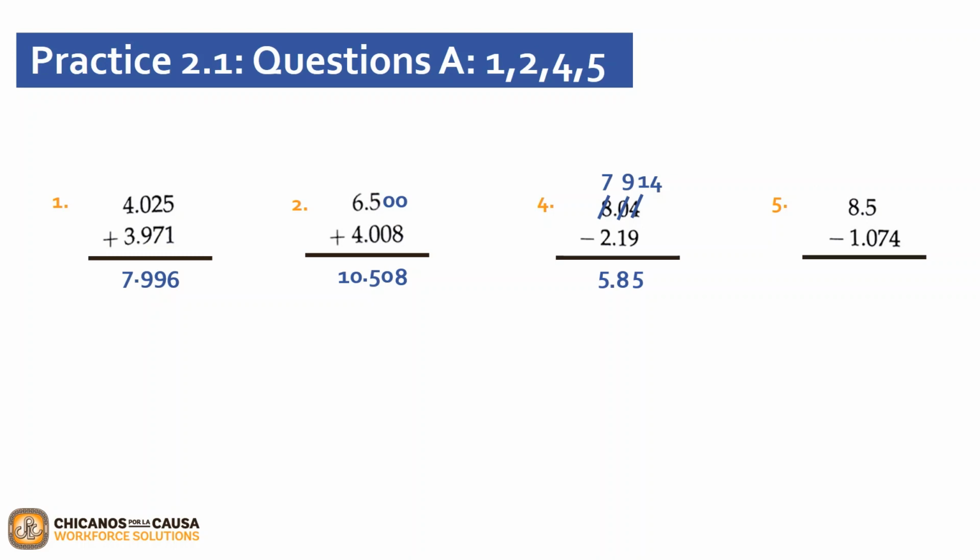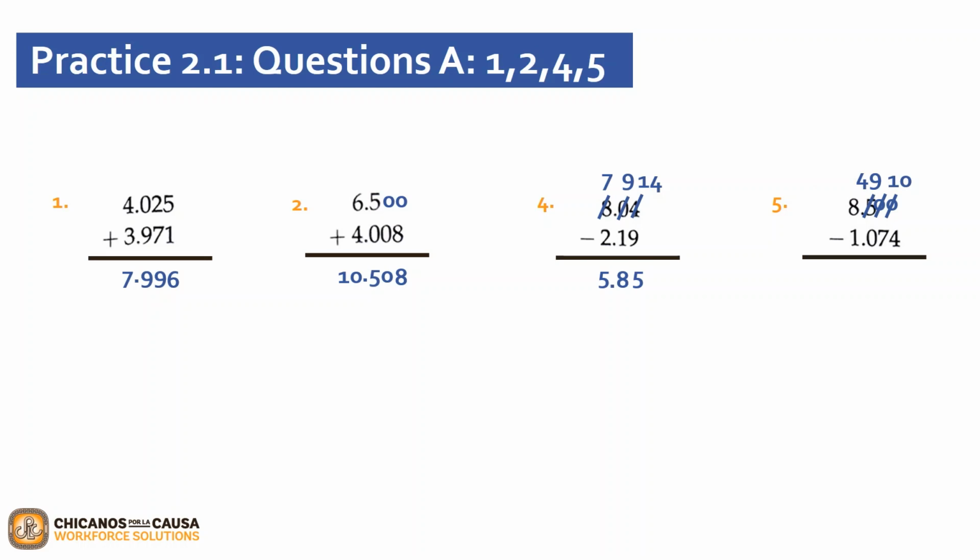Next question, 8.5 minus 1.074. So again, we're going to add in our placeholder zeros and do the borrowing game once again. So we're going to borrow, borrow, borrow until this changes our numbers to 10 and 9.